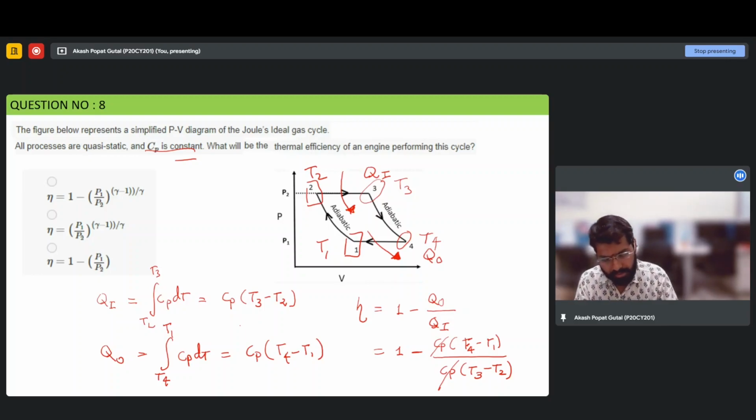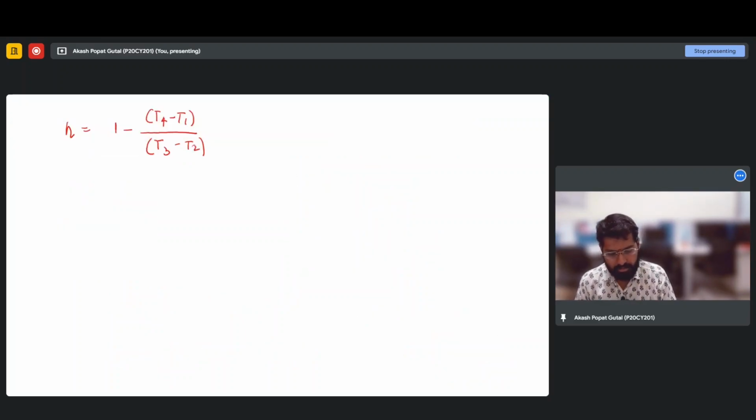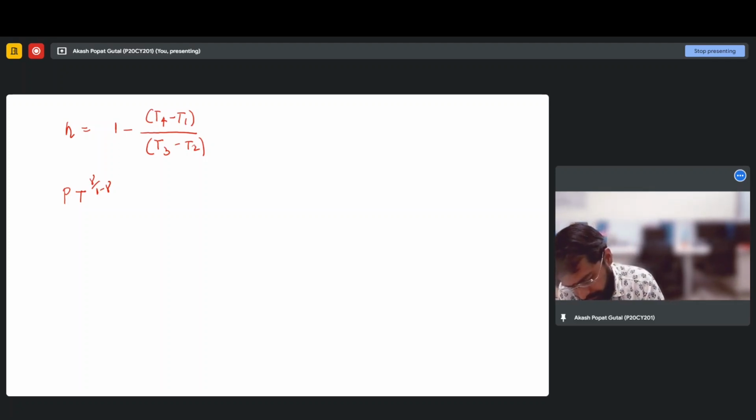For the adiabatic process, we can relate P2, P1 and T1, T2, and similarly P2, P1 and T3, T4, using the adiabatic relationship between P and T. We know this relationship is P times T raised to gamma upon 1 minus gamma is constant.